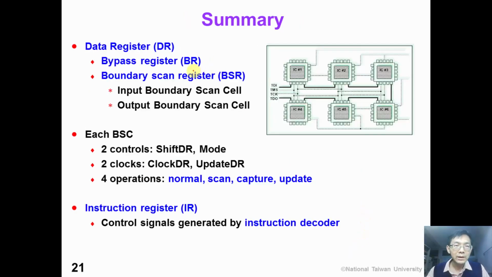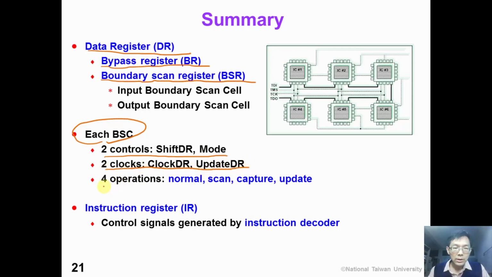In summary, in this video we introduce the data register, which consists of bypass register and boundary scan register. In each boundary scan cell, we have two control signals, shift-DR and mode. We have two clocks.